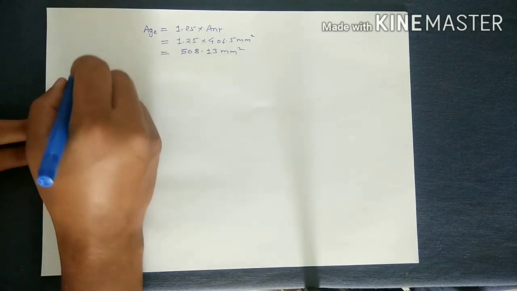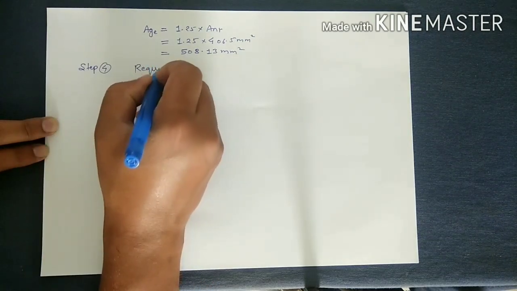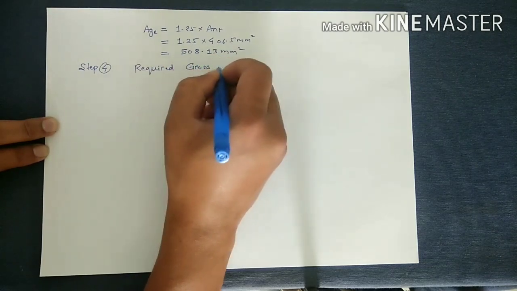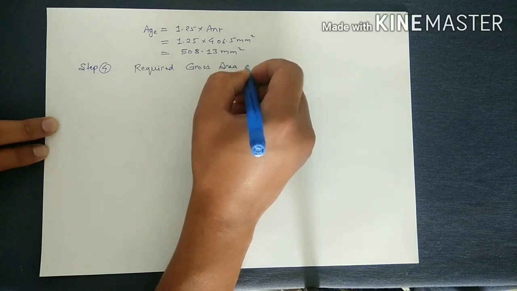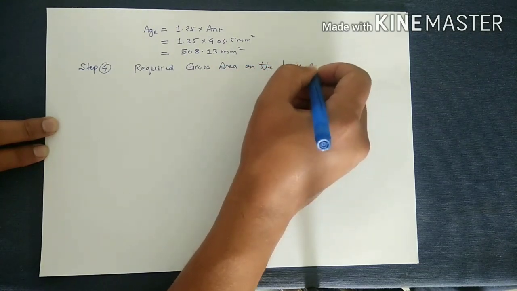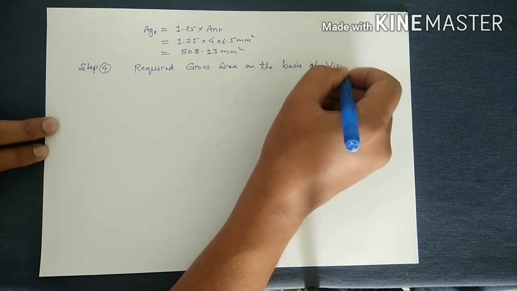Now step number 4, required gross area on the basis of yielding.